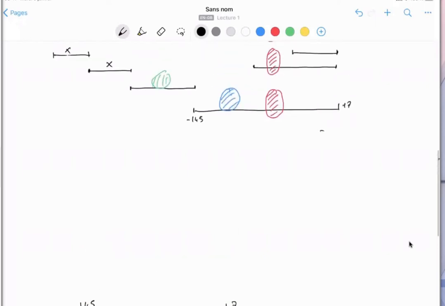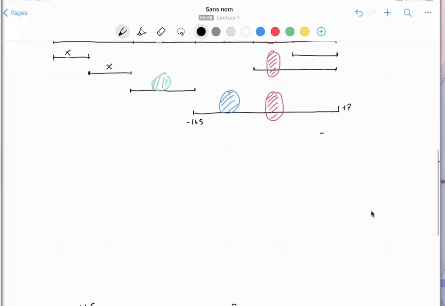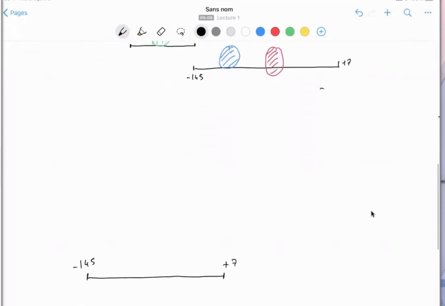So remember, it is the one where we have the blue and the red interacting. We know the position in the middle is minus 104. For now we have what we call the red and what we call the blue here.